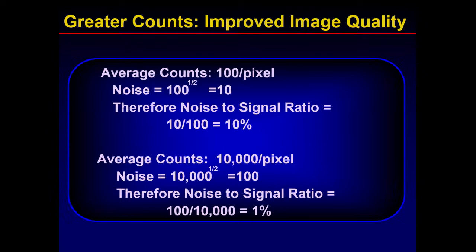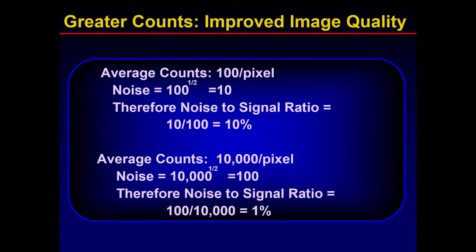And that's why, like I said, you can do one of two things when you do SPECT imaging. You can give a higher dose of radiopharmaceutical, a higher dose of millicuries, so you get more counts that way, or you can image the patient longer per stop to get more counts per image, so that you do not degrade your image and have a lot of noise.